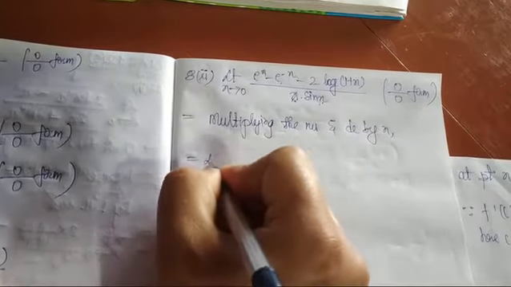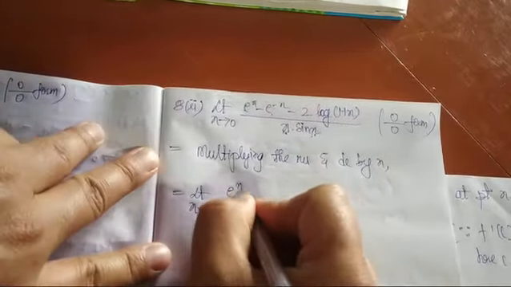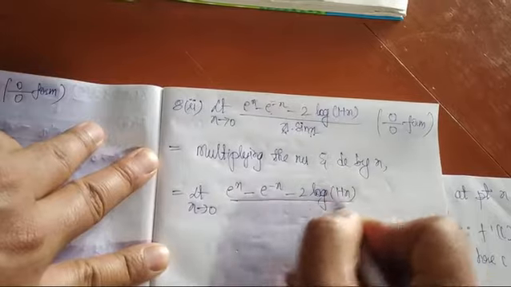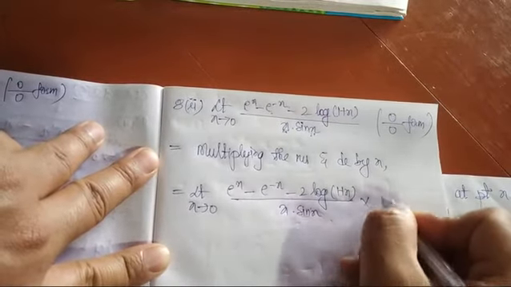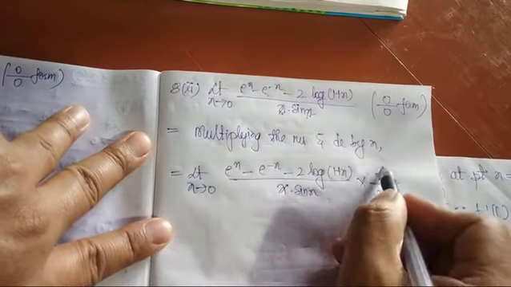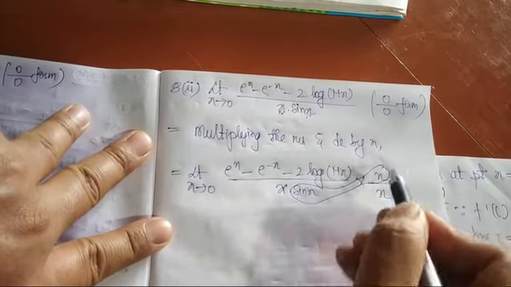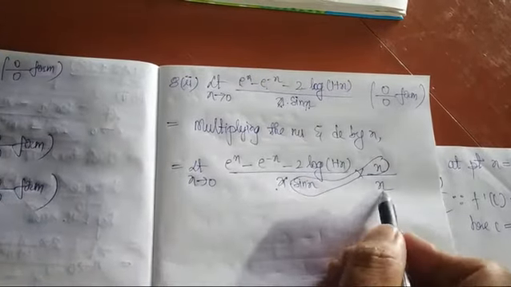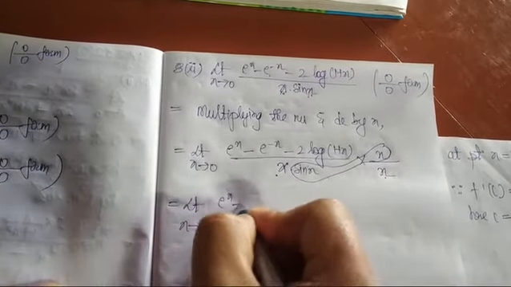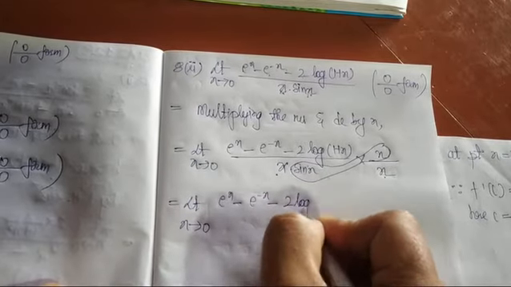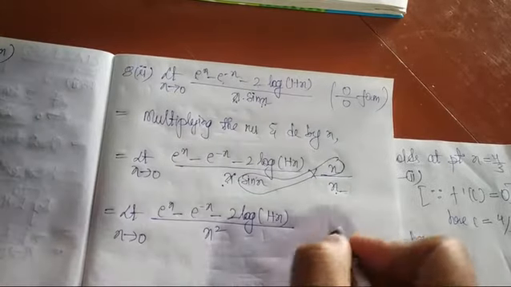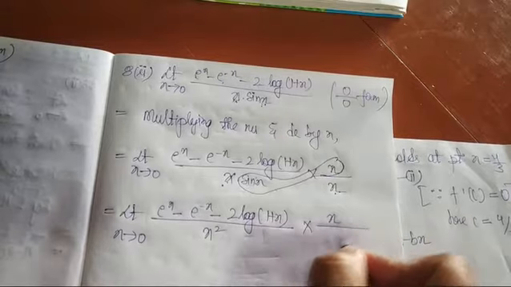Multiplying the numerator and denominator by x, what do I get is limit x tending to 0, the same expression, e to the power x minus e to the power minus x minus 2 log of 1 plus x, divided by x into sin x, into x divided by x. Now after this step, I'll separate this as one limit, and x into x, that is x square, as another limit. So limit x tending to 0 of e to the power x minus e to the power minus x minus 2 log 1 plus x, divided by x square, into x by sin x.